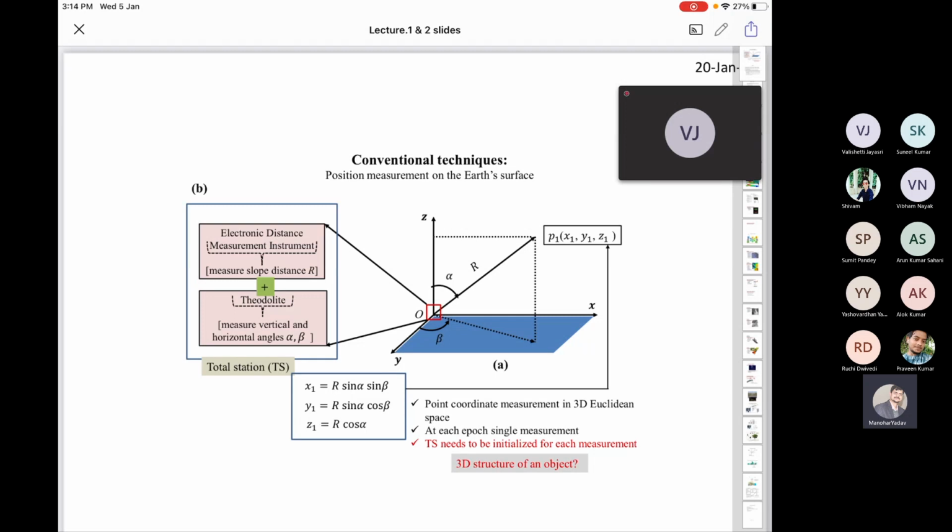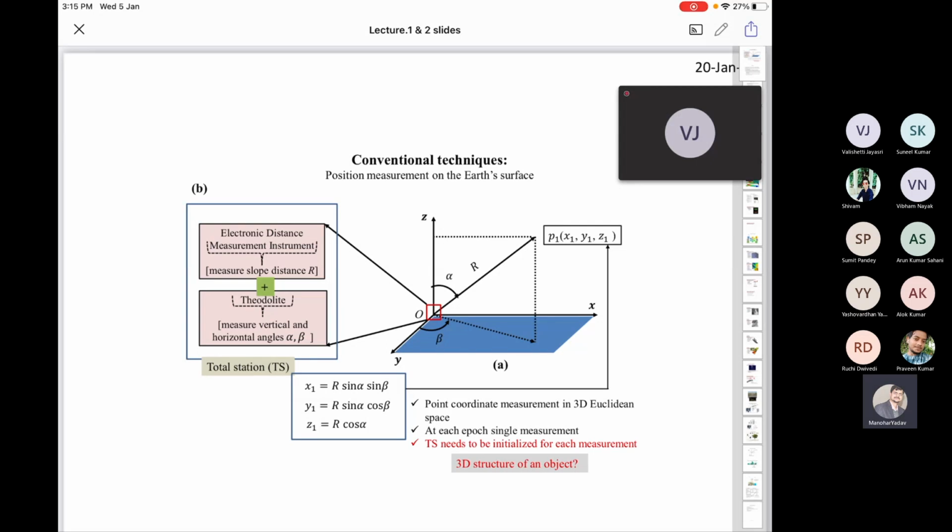Okay, so in this way, once you have the total time of travel, that is how much time is taken by a laser beam from point O to P1 and then back, traversed through the same path, P1 to O, if you divide it by 2, it gives you how much time is taken by the laser beam to travel from point O to P1.